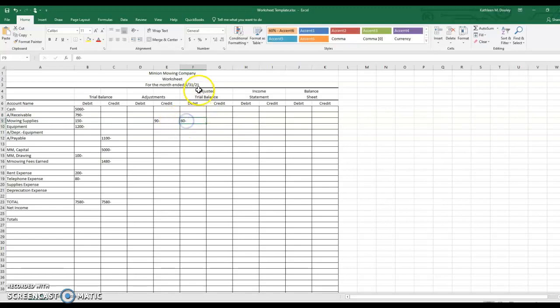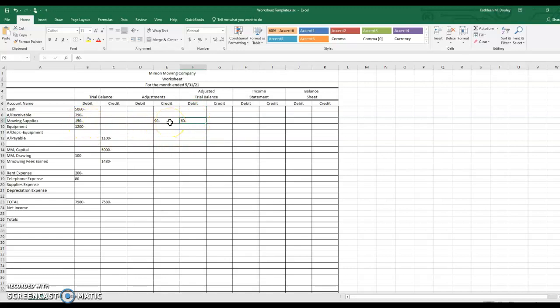I want this adjusted trial balance to equal what the supplies are on hand. And you do in the adjustment whatever you need to so that this equals the 60. Okay, so that's a 90 credit.